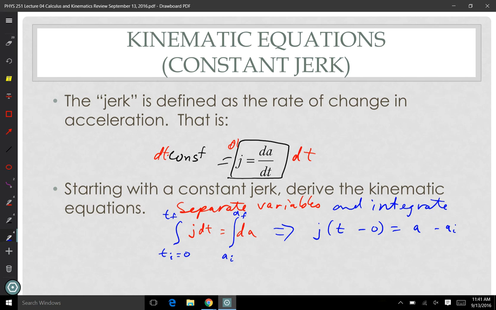Just combine them over and say c is equal to c2 minus c1, or however you want to do it. So our constants, these are the things that would have been the constants, well, j times 0, and the a initial if we had done them without limits. But we're doing them with limits because we're finding for a situation where you start with specific parameters, not just a random situation. So now solving this for acceleration.